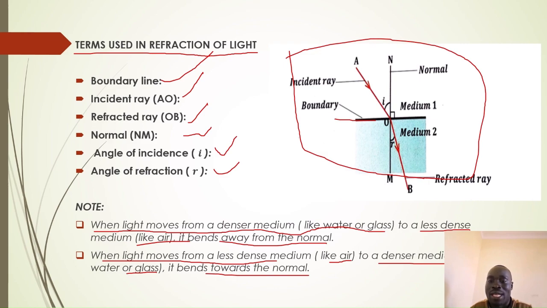So you can see that the angle of incidence is greater than the angle of refraction, because here the ray of light moves from the less dense medium to a denser medium, where the refracted ray bends towards the normal.